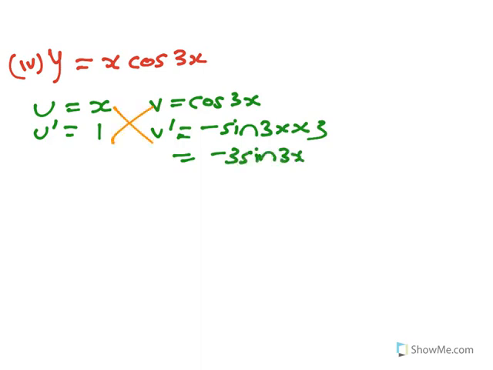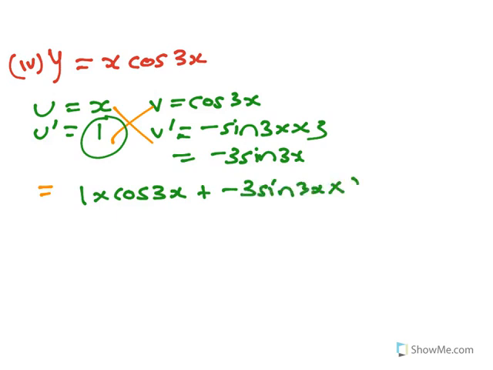I'll do it the way that we always start with the 1. So 1 times cos 3x, and then plus minus 3 sine 3x times x. So it's cos 3x minus 3x sine 3x.